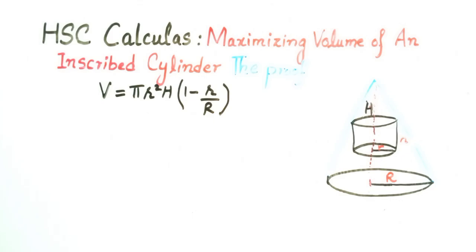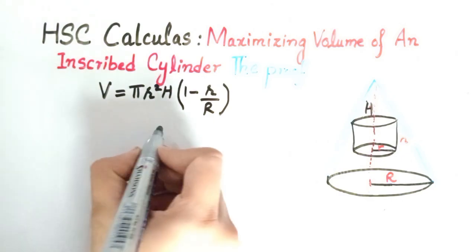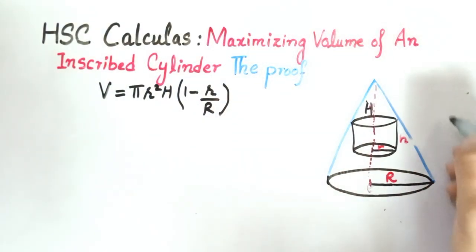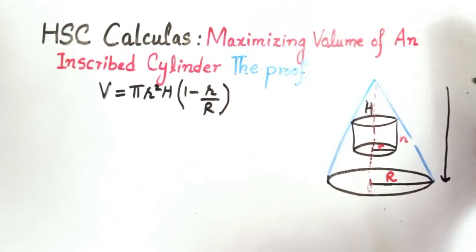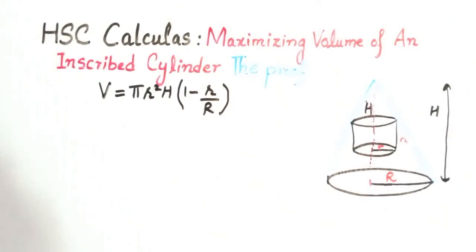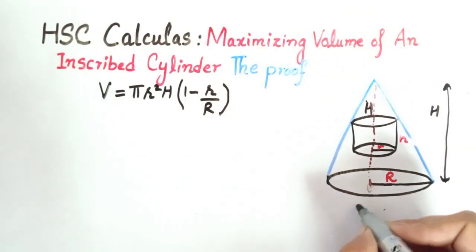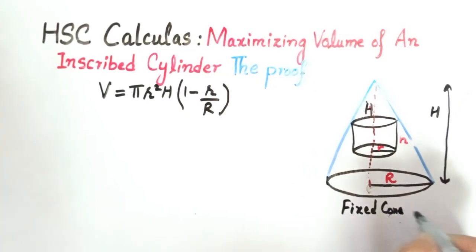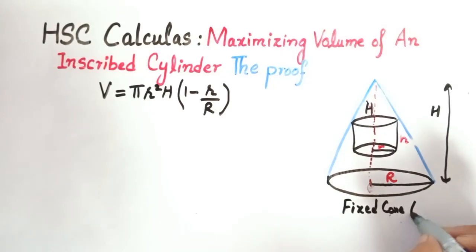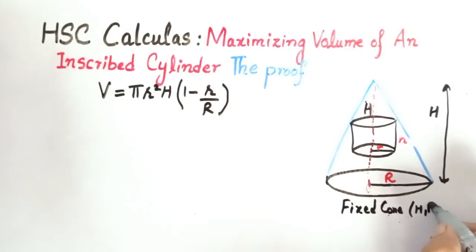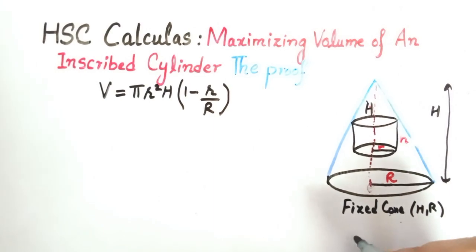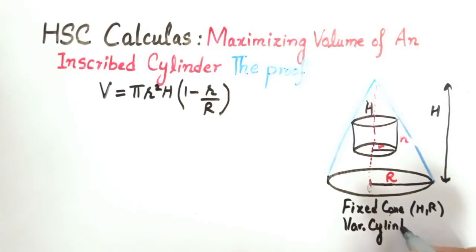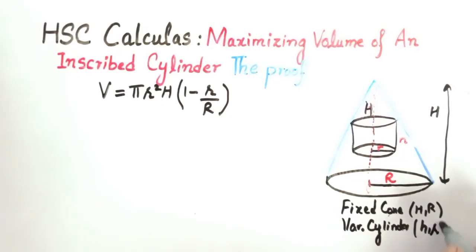So, how will we start solving this? First of all, what is our objective? We will write the values. You can see this is the capital H height, this is the small r. The fixed cone has capital H and capital R, and the variable cylinder has small h and small r.